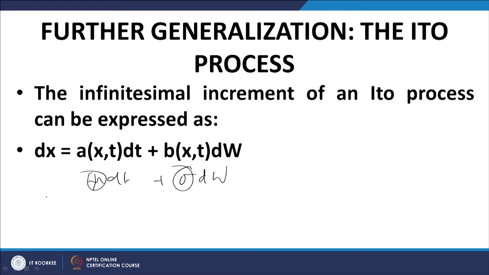These are called Ito processes, where the drift as well as the diffusion or the variance are functions of x and time. The process is called an Ito process.